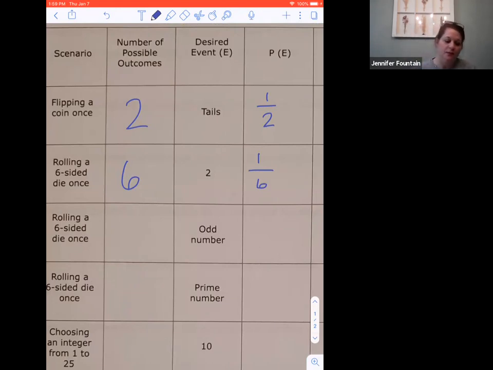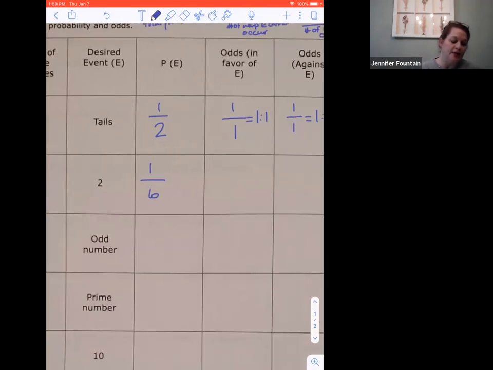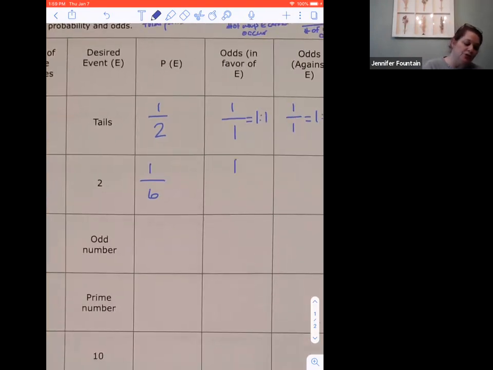So when I go to my odds in favor, I still have one chance of rolling a 2, but now I take my 6 total possibilities, subtract 1, and my odds in favor are 1/5, which I would write as 1 to 5.